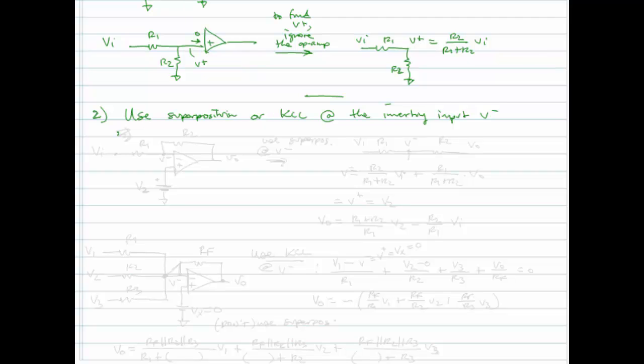And we'll look at a couple cases here. So suppose we have, again, I'll draw the inverting op-amp topology. Okay, and we're looking for VO.